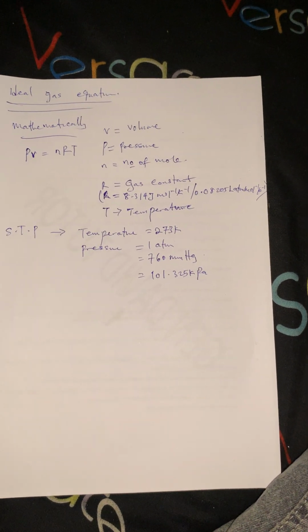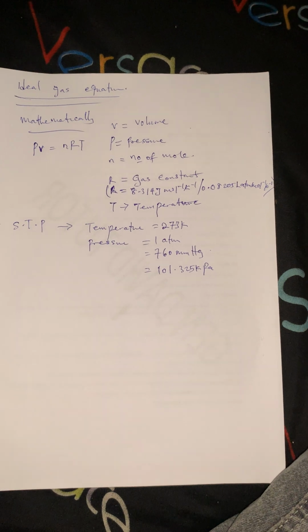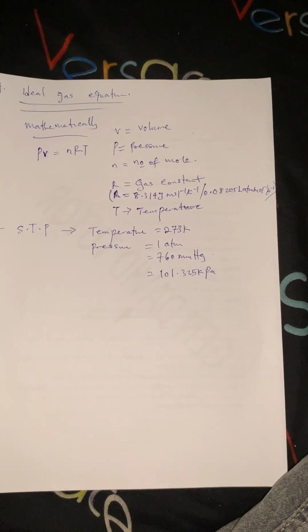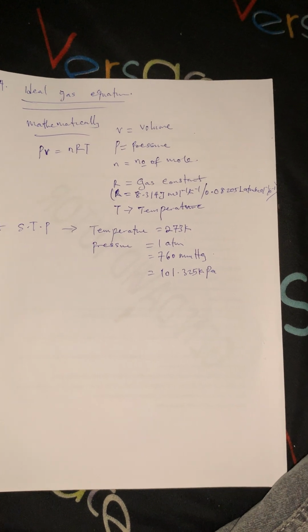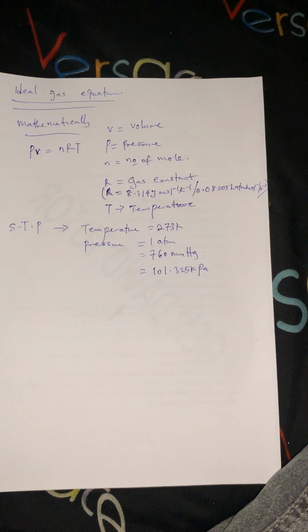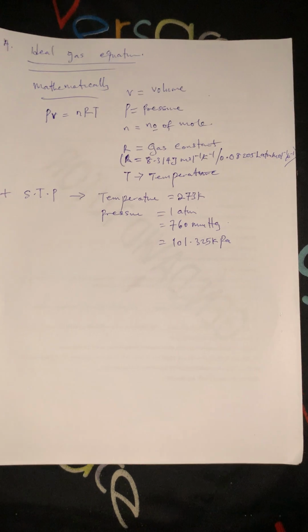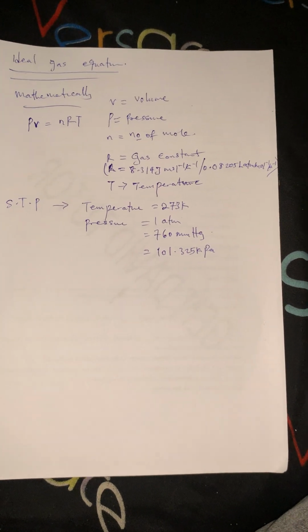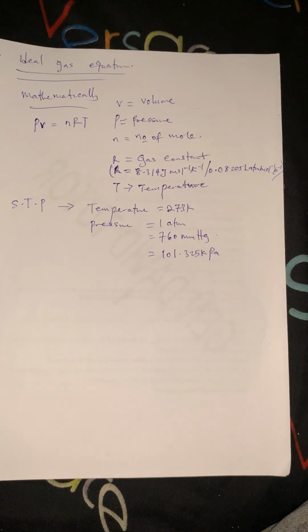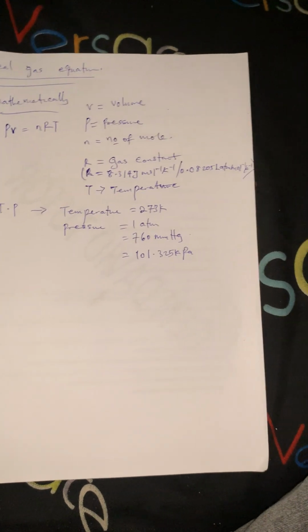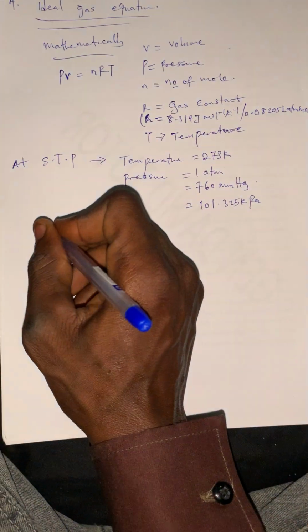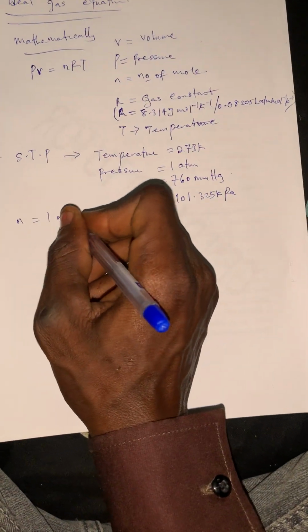Now, when you are talking about the constants, if you say PV is equal to nRT, what if your n is 1 mole?